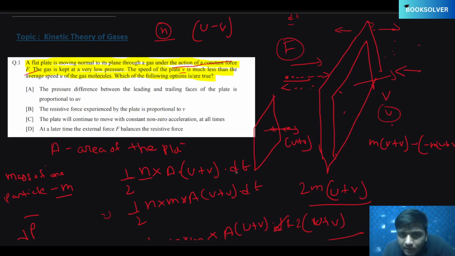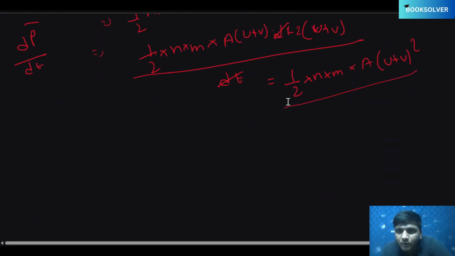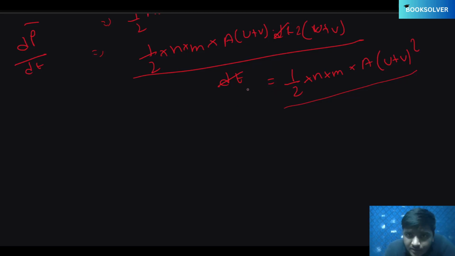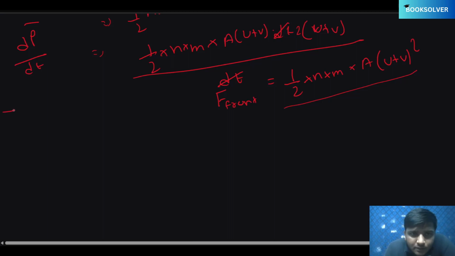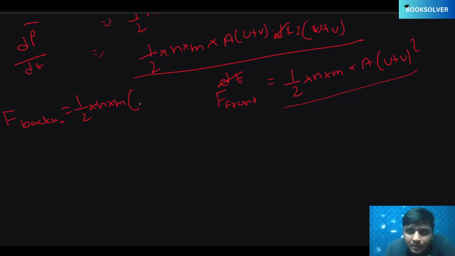So all the calculations will be the same. Instead, what we will get is this is the force in front side, so force in front, and what will be the force at backward side? It will be nothing but half into n into m. The only change we will get is u minus v whole square, into a.